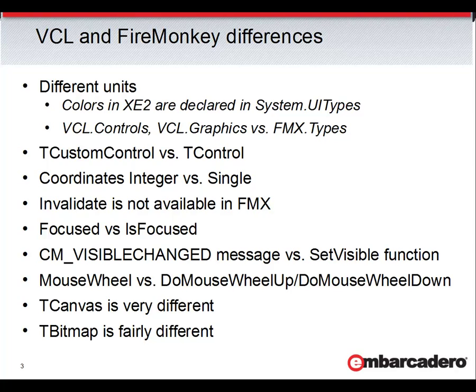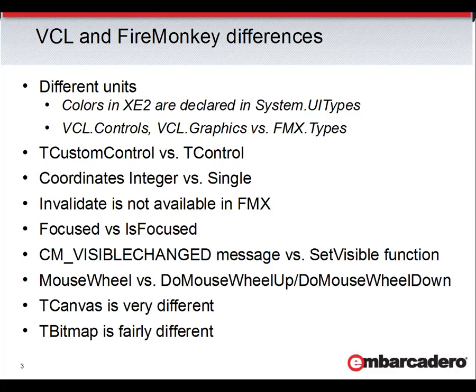There are also shared units, such as the new in XE2 UITypes, which have the prefix of System. In VCL, we usually inherit our controls from TCustomControl. In FireMonkey, the equivalent is directly the TControl class.